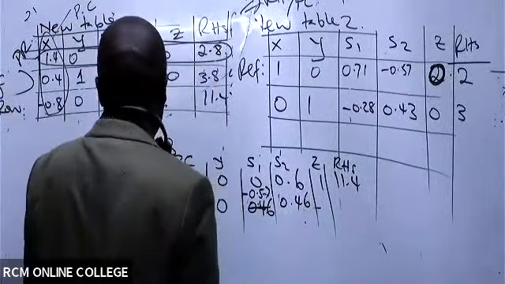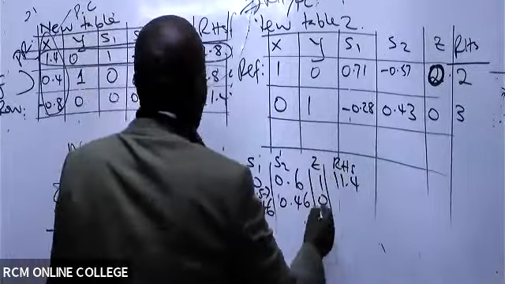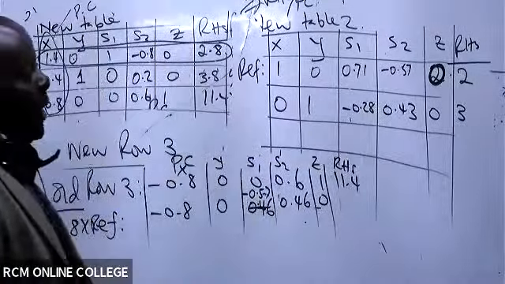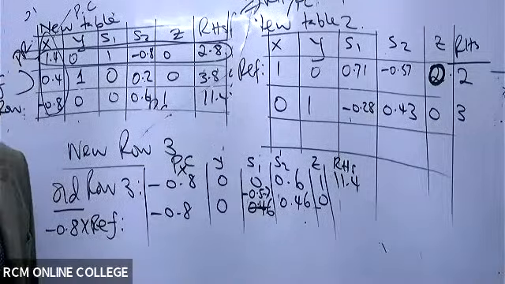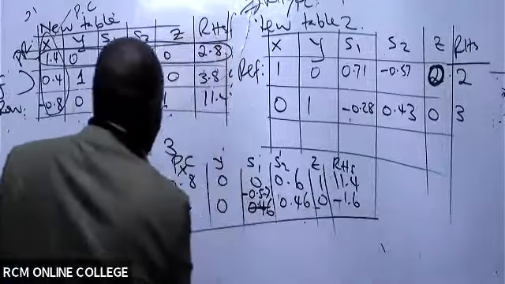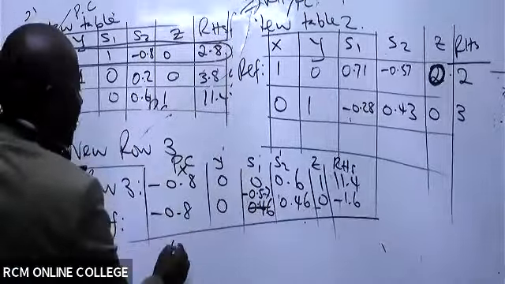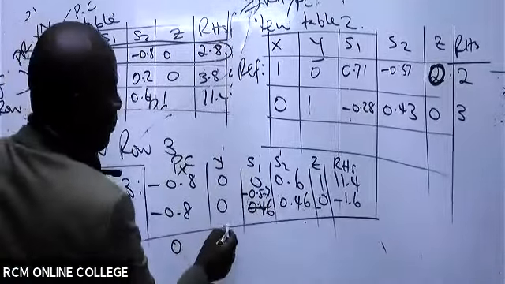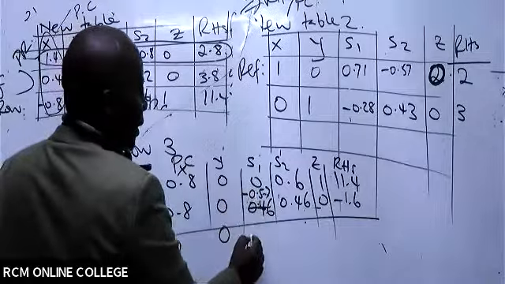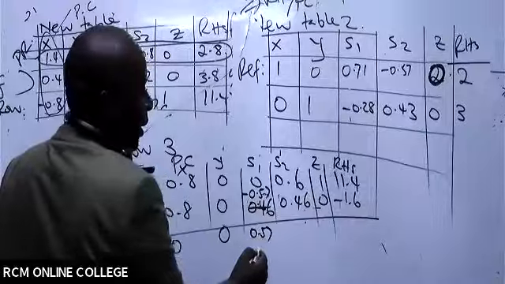And then we have 0.8 by that 0, and then minus 0.8 by that 2 gives me minus 1.6. So please go ahead and subtract. This becomes 0. So this will be 0 minus this, which will be 0.57.